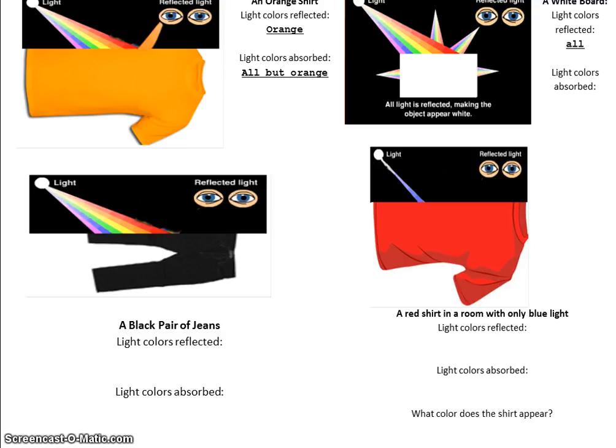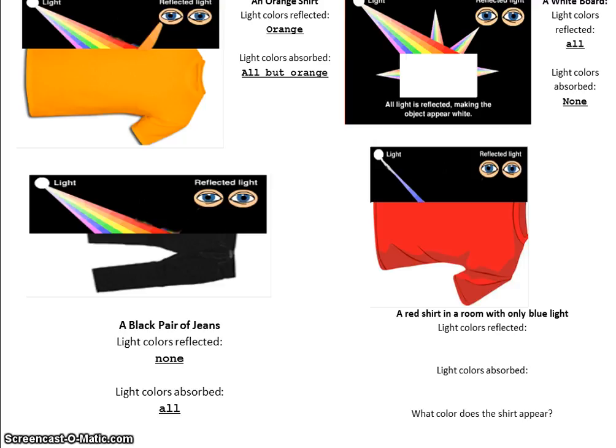That's why it's perceived as being white, whereas no colors of light are being absorbed. Vice versa, if white light hits a black pair of jeans, that means that all the colors of light are being absorbed and none of the colors of light are being reflected.